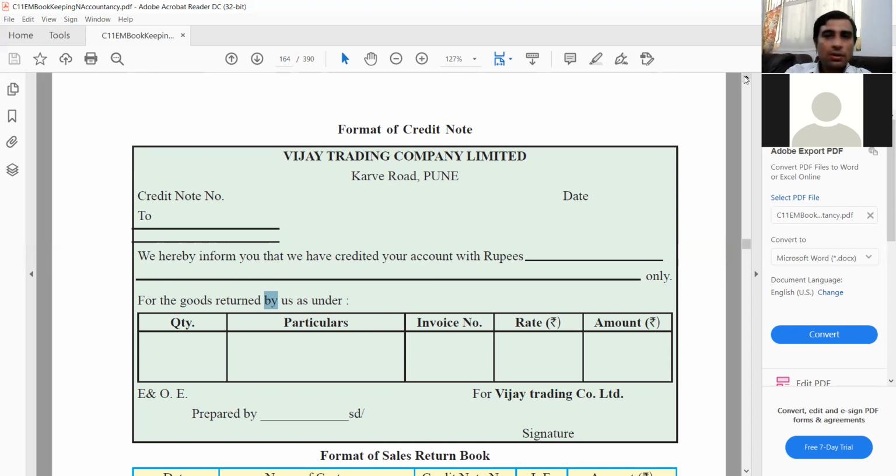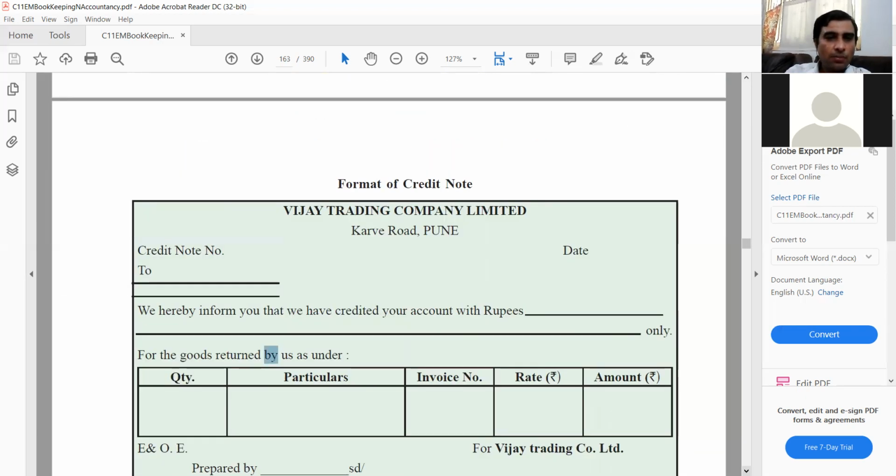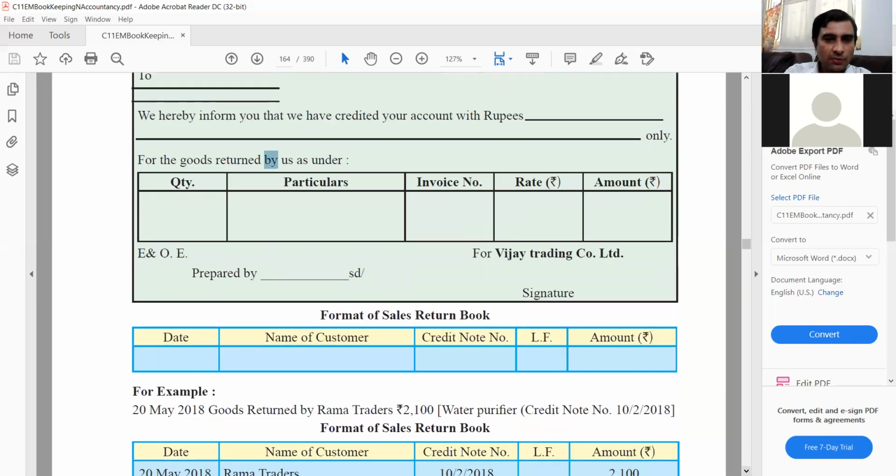We are making the books of Vijay Trading, so we have received the goods from the person mentioned here. So this will be "to us", not "by us". Please change it in your textbook if you have it in front of you.